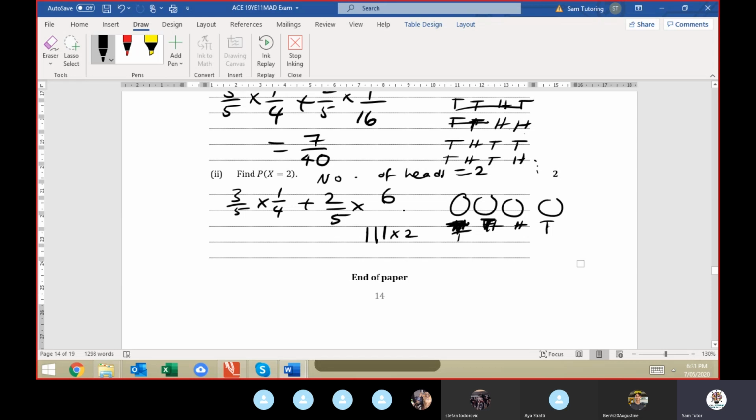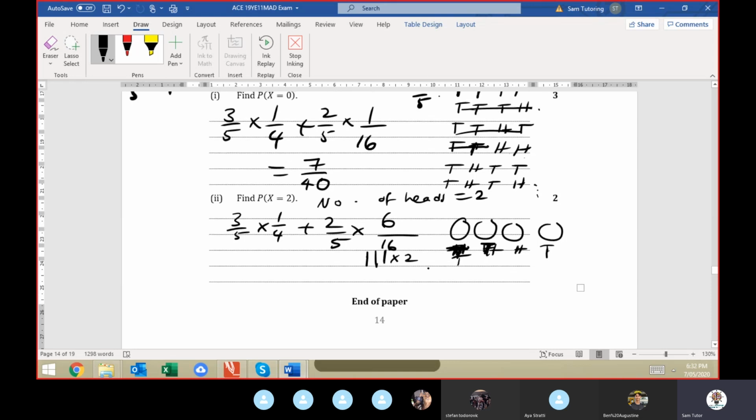So that's technically 6 cases out of 16 cases altogether, which we knew from up here. Does that make sense? If the symmetry property there doesn't make sense, then you could just list it out, if that's easier for you.